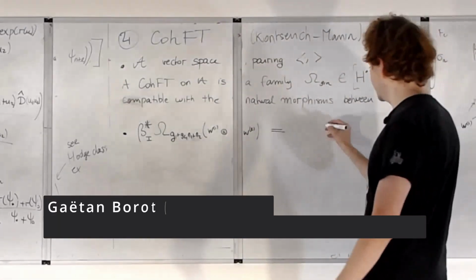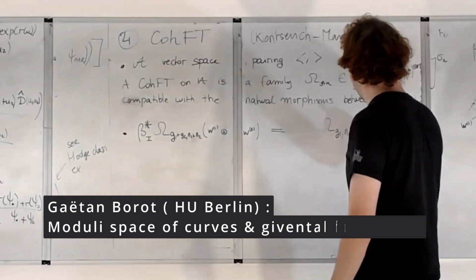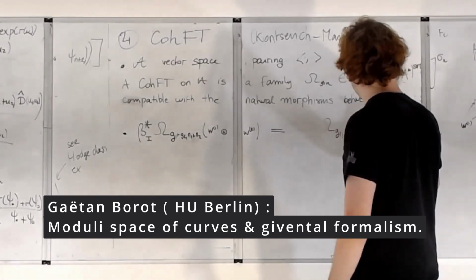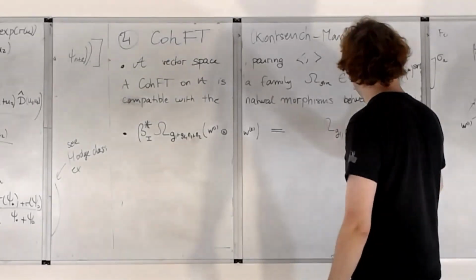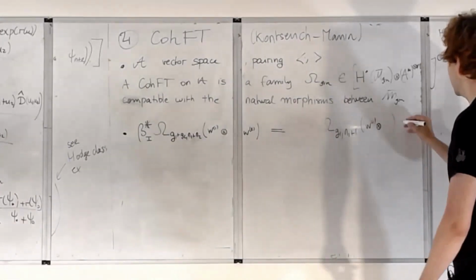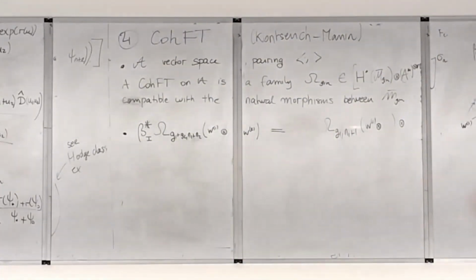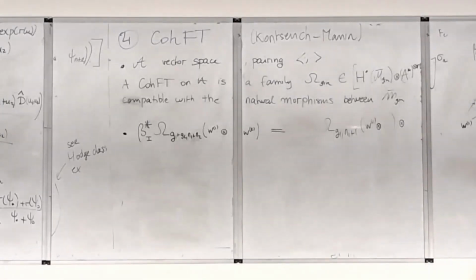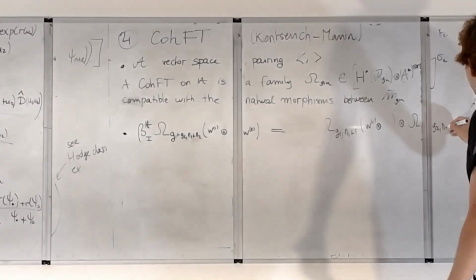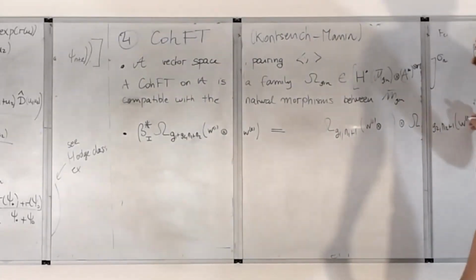Well, we have a class which is omega g1, n1 plus 1 with W1, and I have to say what I insert here for the last point, tensor, because the cohomology of a Cartesian product is the tensor product of the cohomology, so n2 plus 1, and here W2.